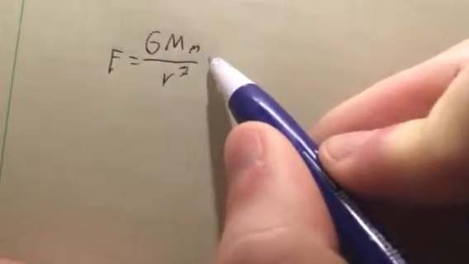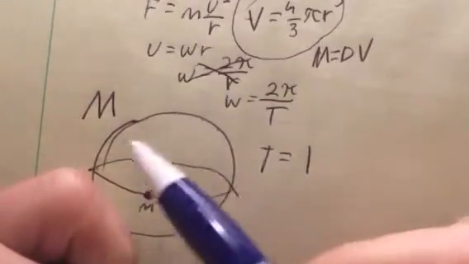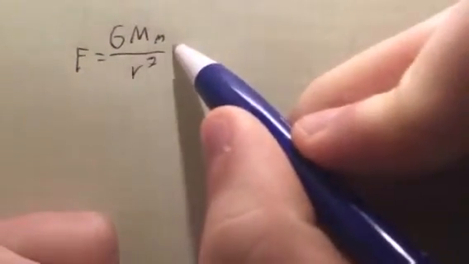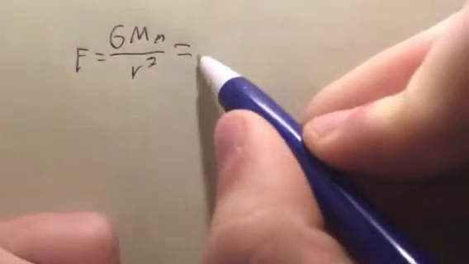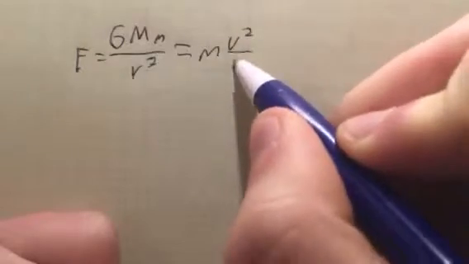And so, since this object is in orbit around the neutron star, we can say that the force of gravity in this case is going to be equivalent to the centripetal force, which is going to be little m velocity squared over r.